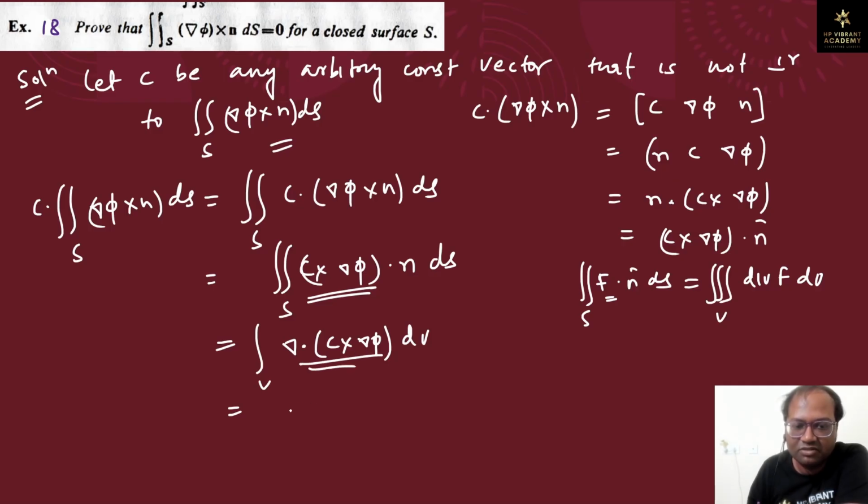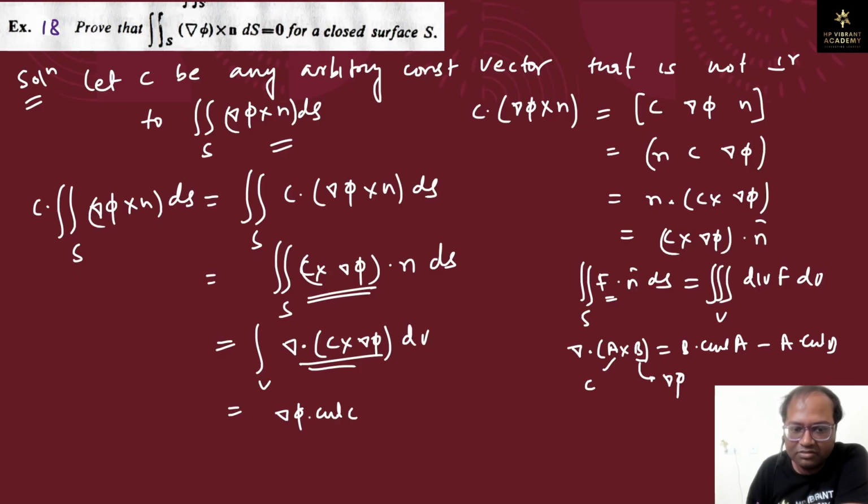Using the vector identity, divergence of A cross B is B dot curl of A minus A dot curl of B. So let us take A as C and B as del phi. So this is del phi dot curl of C minus C dot curl of del phi, dV.